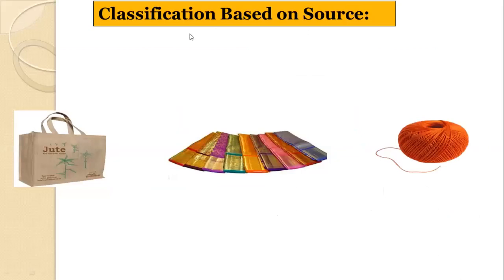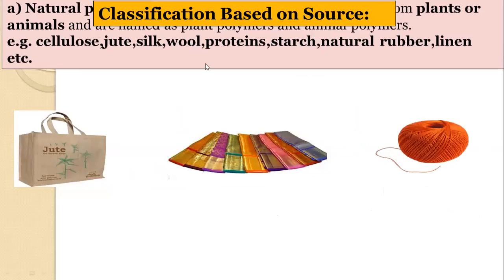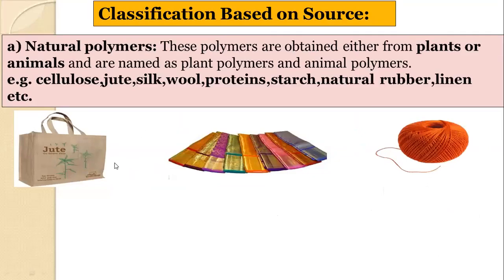Now I am directly coming to the classification based on source. We can see here three pictures I have shown purposefully, but after this explanation, you can understand why these pictures are shown. First one, classification based on source. Source means from where these polymers are prepared, from which source.